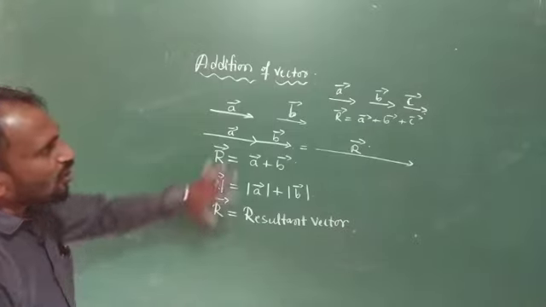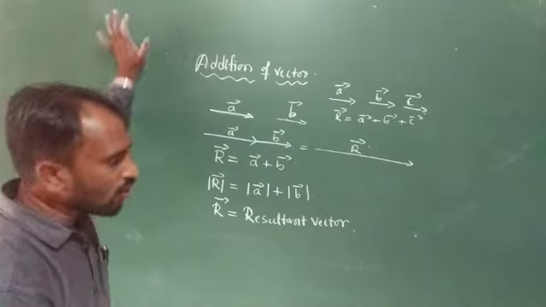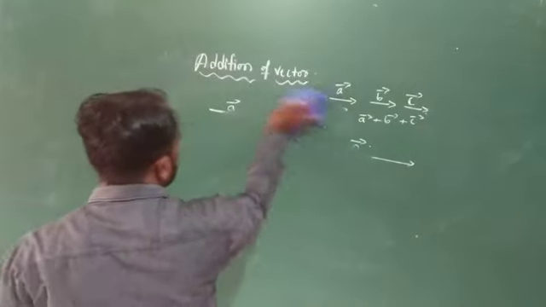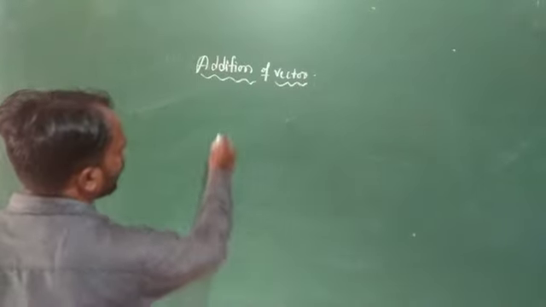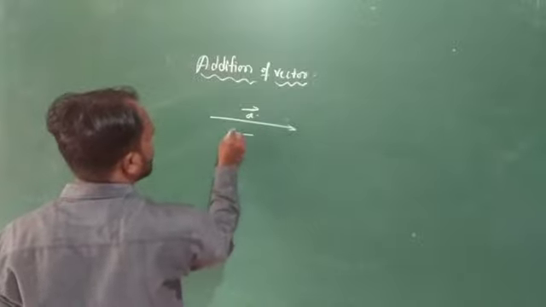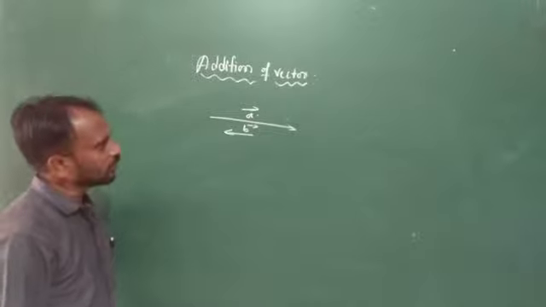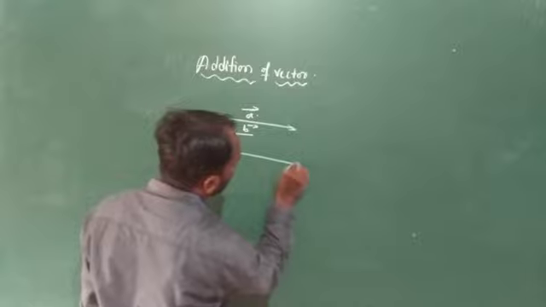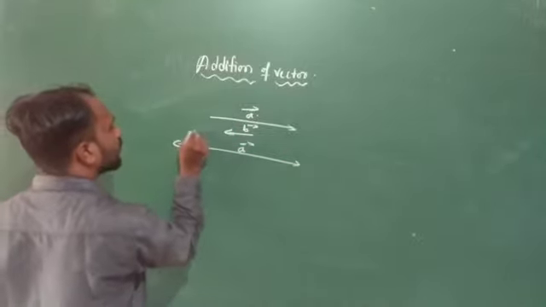Suppose the direction of the vectors changes. For example, here we consider two vectors, vector A and vector B, in opposite directions.